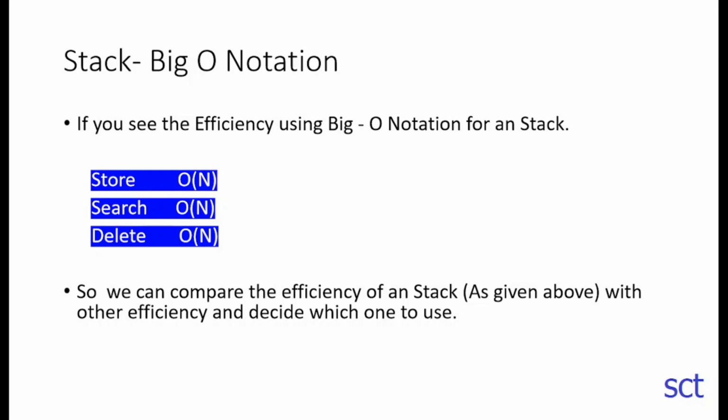After discussing the single linked list and double linked list, we can go for the big O notation comparison and look at how the big O notation is going to be. So we will plan to put a case study on the big O notation after explaining all the data structures.